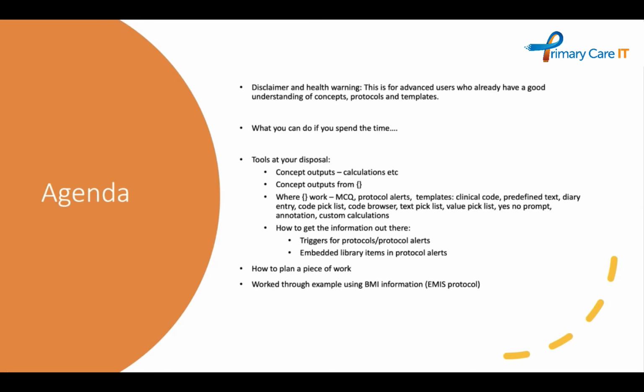So I'm just going to swap over to my EMIS. Let me just check, that doesn't seem to be showing up. So let me just pull my PowerPoint from there. There we go.